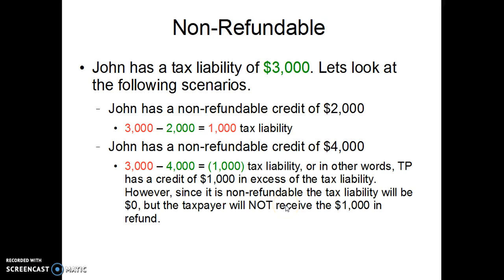A negative tax liability really means John is owed money. But in this case, because this is a non-refundable credit, there will be no cash paid out to John. He cannot receive this as a refund because it's a non-refundable credit.